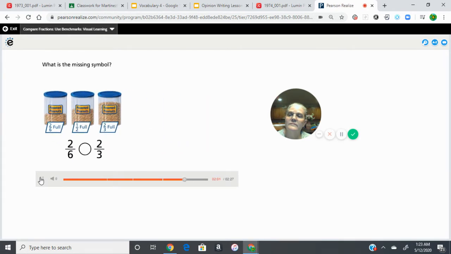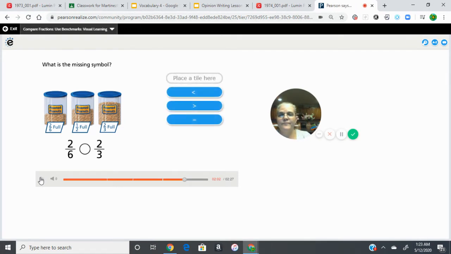What is the missing symbol? Okay, so we know that if the number on the bottom, the denominator, is large, that means we've got small pieces. We've had to cut it that many times. If it's a lower number, then we had to cut it fewer times.